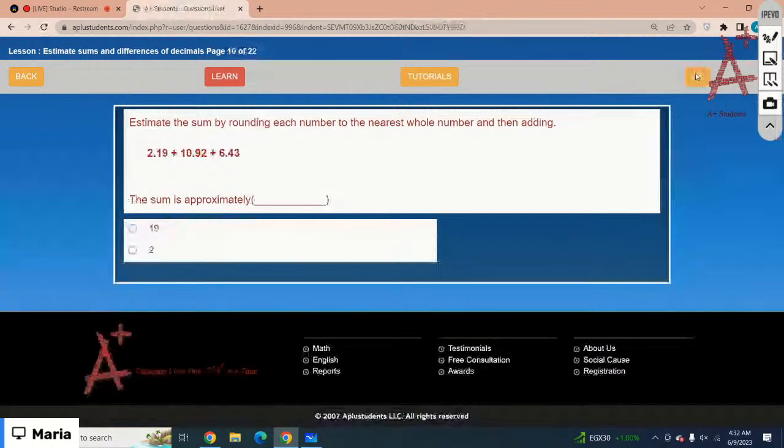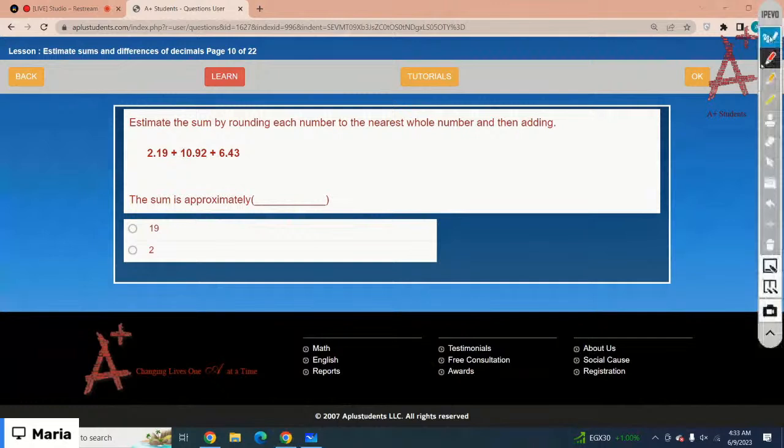Okay, the next one is you have to add 3 numbers. Estimate the sum by rounding each number to the nearest whole number and then adding. Okay, let's just see. 2.19. You have 1 right after decimal point, so it would be rounded off to 2. 10.9. You have 9 greater than 5, it would be rounded off to 11.